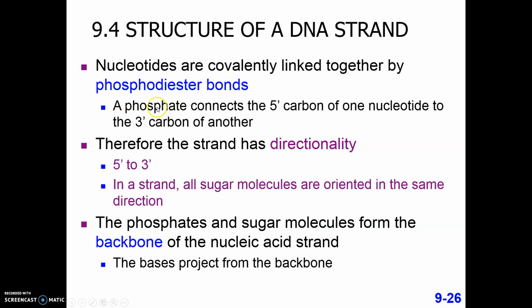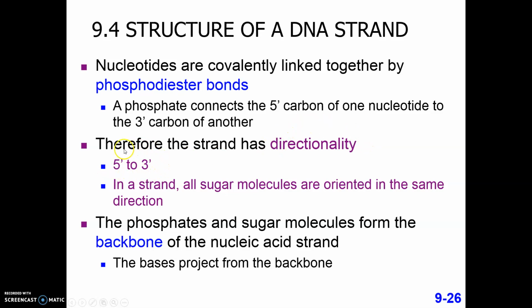Now, the fact that we have the phosphates connecting the 5' of one nucleotide to the 3' of another nucleotide means that the strand has directionality, meaning that if you look at one end of the strand, it looks physically different from the other end of the strand, based upon what part of the sugar molecule you're looking at. So it has directionality.